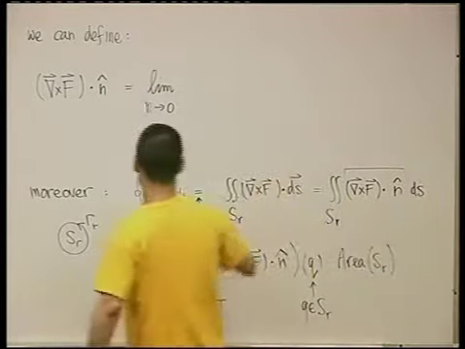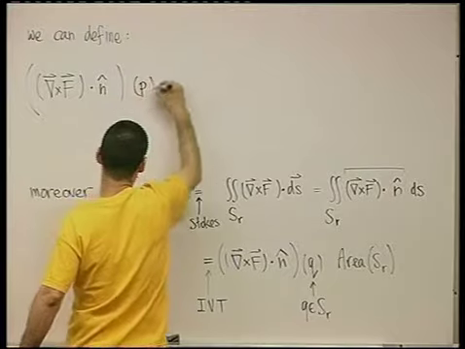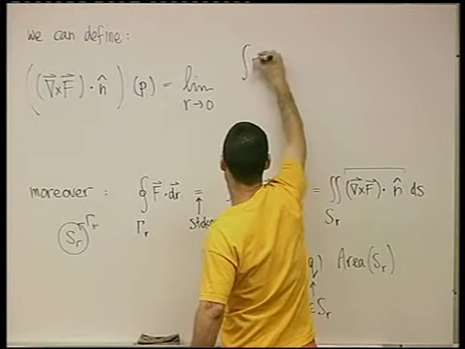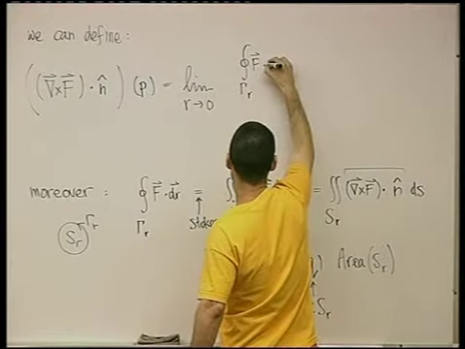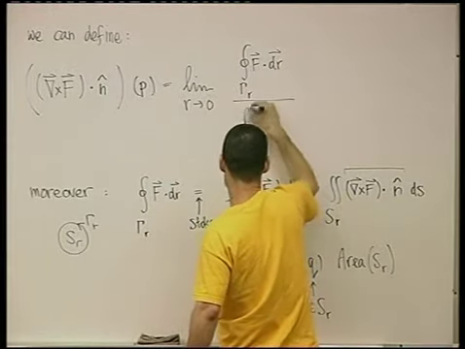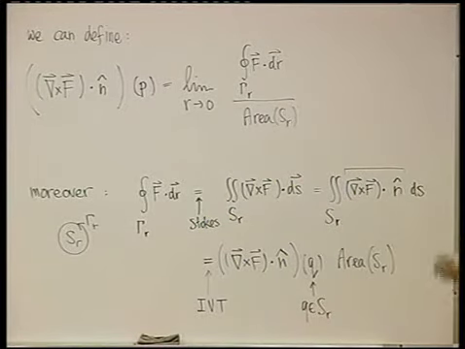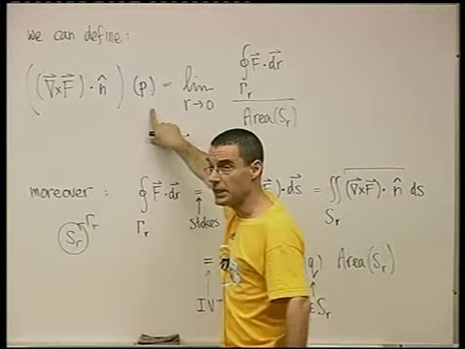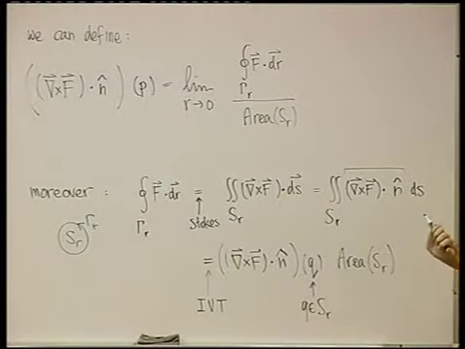So what I get, so this at some point P, is the limit as r goes to 0 of the line integral over gamma r, which is centered at P, divided by the area of SR, which is pi r squared. Okay, very similar to what we did with the divergence. So this is not exactly the rotor at the point P. It's the dot product of the rotor times the normal vector to the surface at the point P.